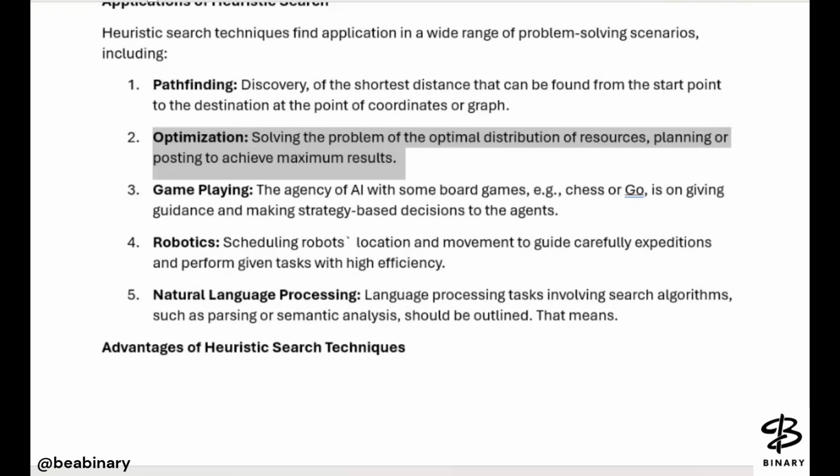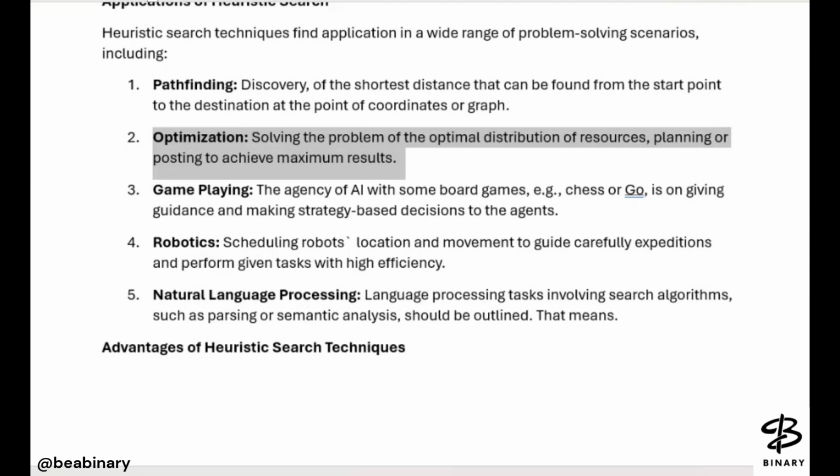We need the best possible algorithm that can plan our resources and help the resource manager in a system distribute the resources, right? So optimization is used when we are solving the problems of optimal distribution of resources in a particular system, planning and posting to achieve the maximum results so that each and every time the resource is available.